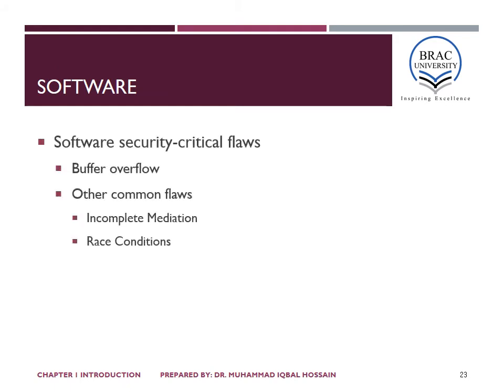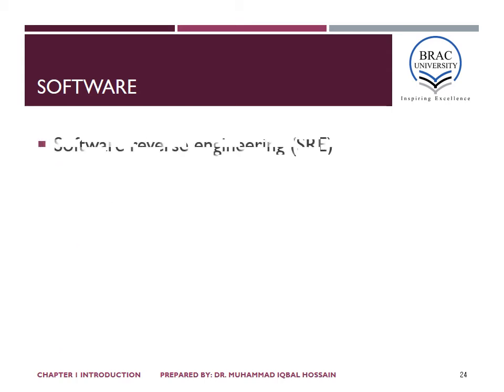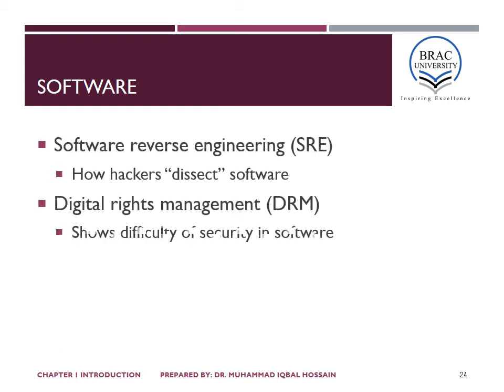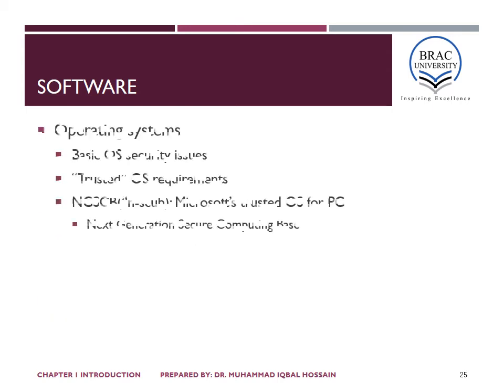From software, we'll discuss different security-critical flaws like buffer overflow and race condition. We discuss malware, how to prevent and detect malware, and the features of malware. Then how hackers dissect software, digital rights management, software testing, etc. Operating system: what are the basic security issues of an operating system, and trusted operating systems.